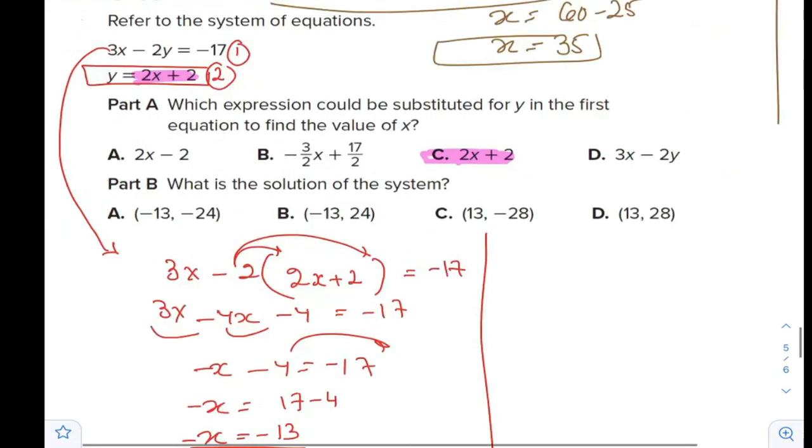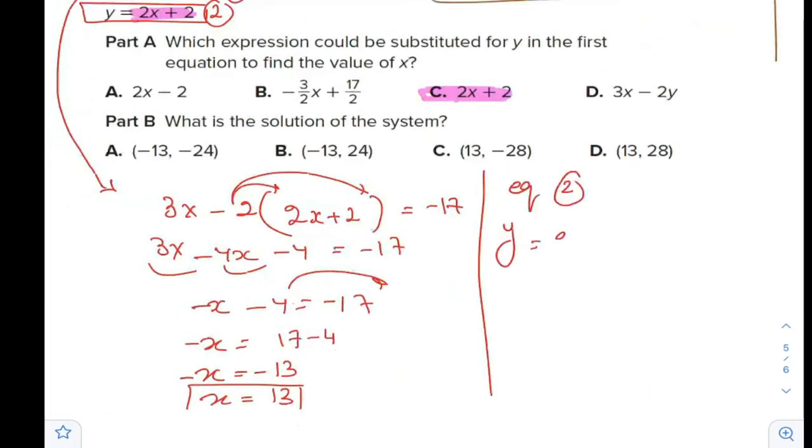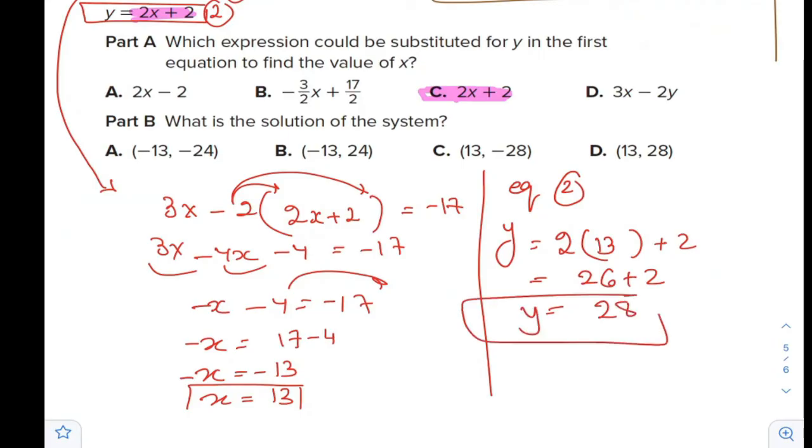Use equation 2 to replace. Equation 2 is y equals 2x plus 2. X is 13, so it's 26 plus 2, 28. So our solution is 13 and 28, definitely. This is the solution.